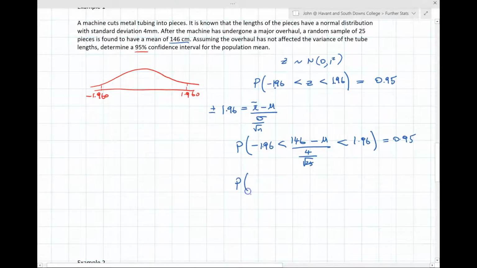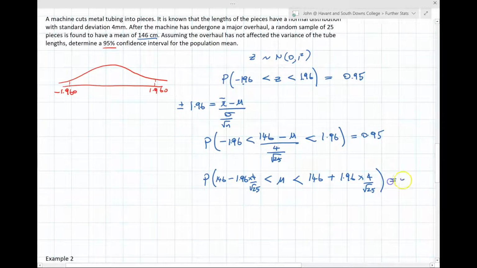Rearranging gives us that mu must lie between 146 minus 1.96 times 4 over the square root of 25, and 146 plus 1.96 times 4 over the square root of 25, with probability 0.95.